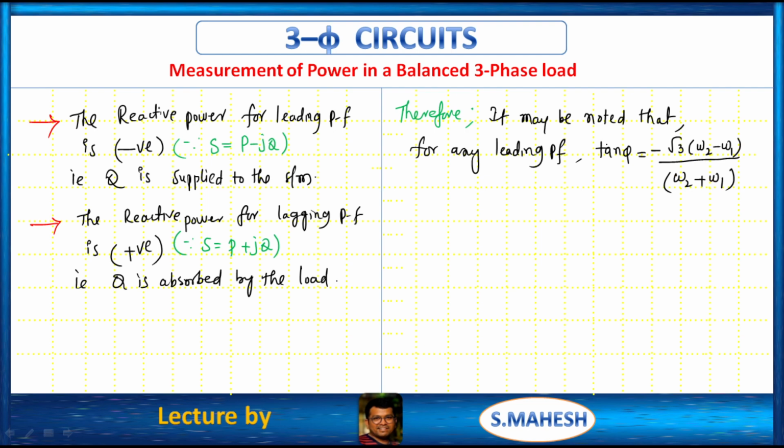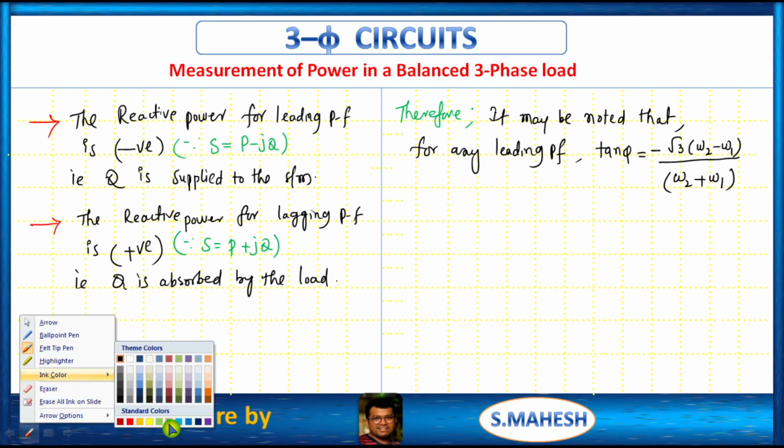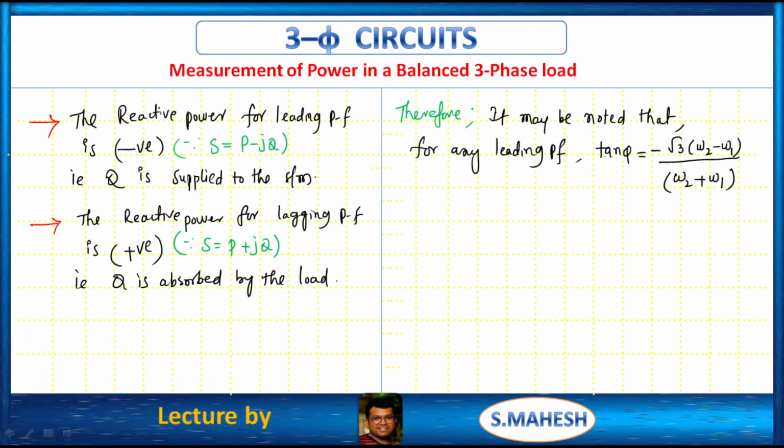We all know that tan phi is reactive power by active power. We had a discussion in the case of resonance, right? So in case of leading power factor, tan phi is minus root 3 (W2 minus W1) by (W2 plus W1).